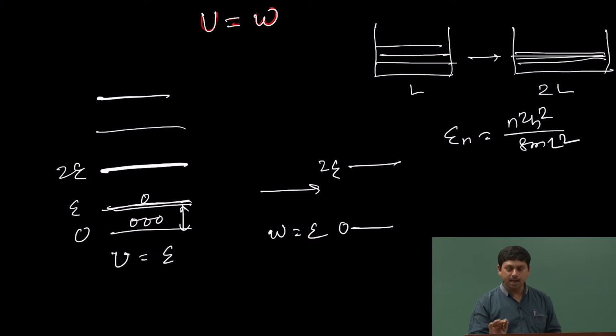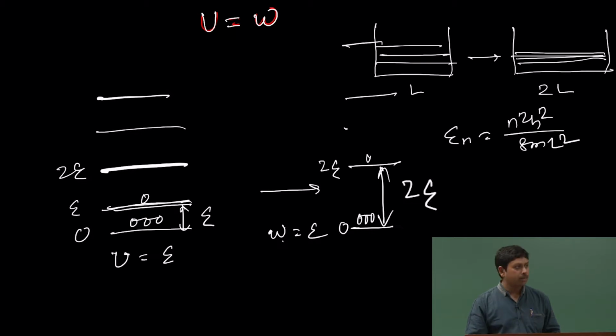So, this is just an example that in this particular case, when you do work up to the amount of epsilon, then instead of the difference epsilon, now the difference becomes 2 epsilon. However, the distribution of particles need not change here.